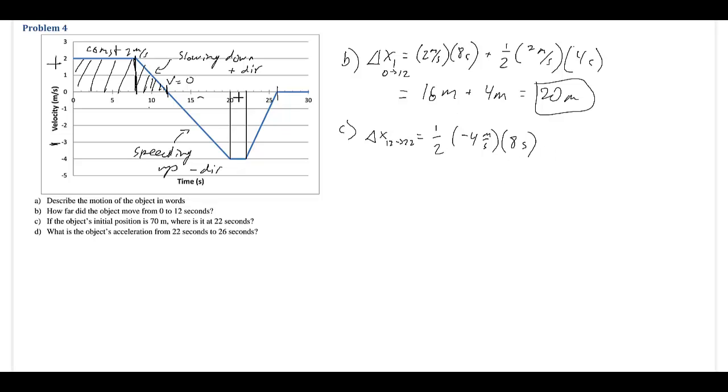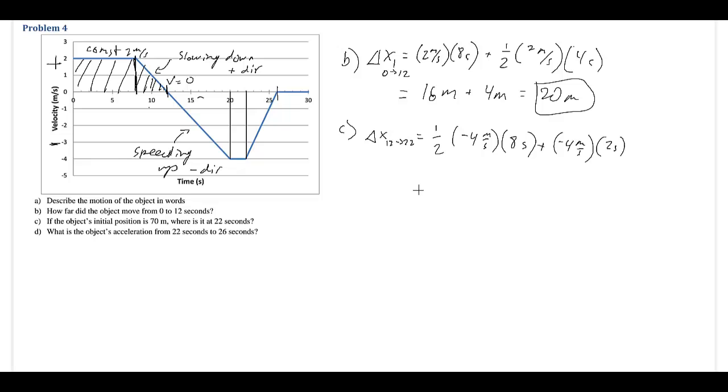Then the second half, which is just the rectangle, so our height again is -4 meters per second, and our time is just 2 seconds.